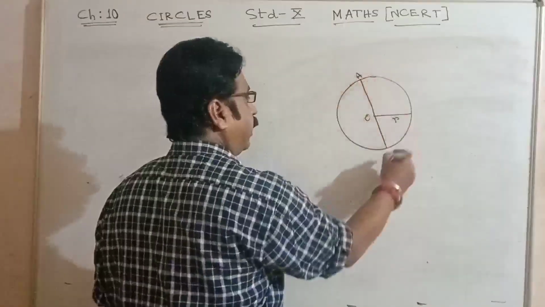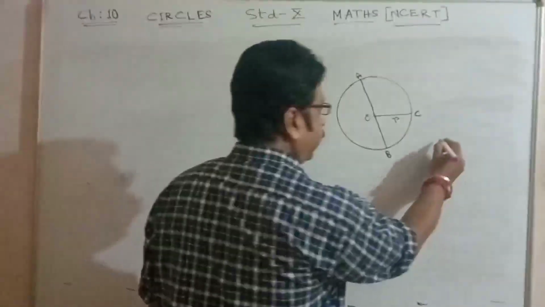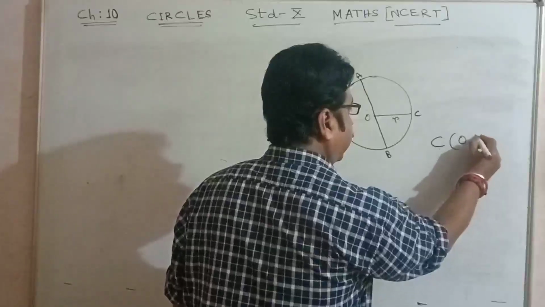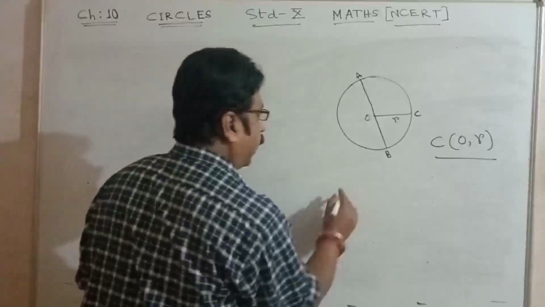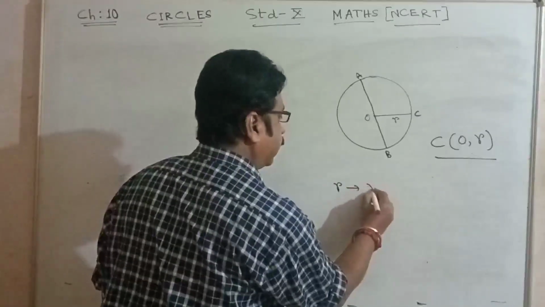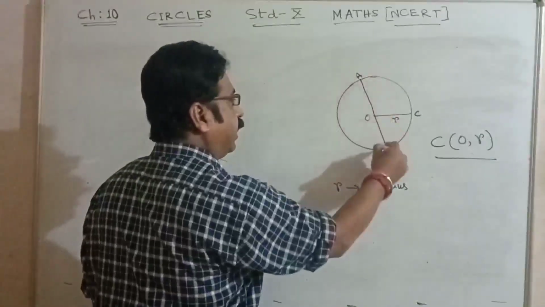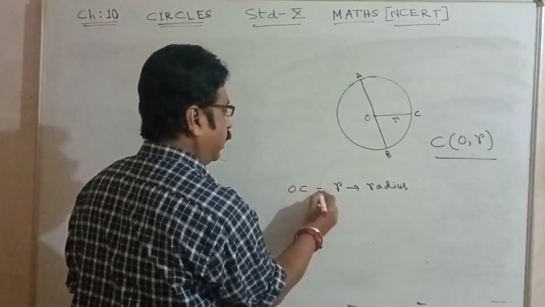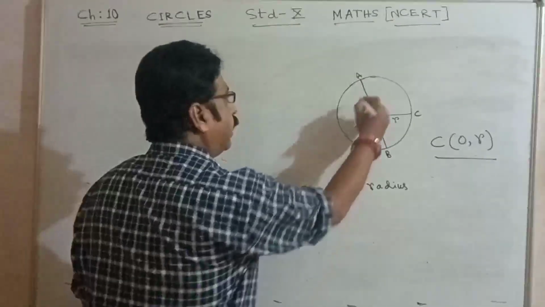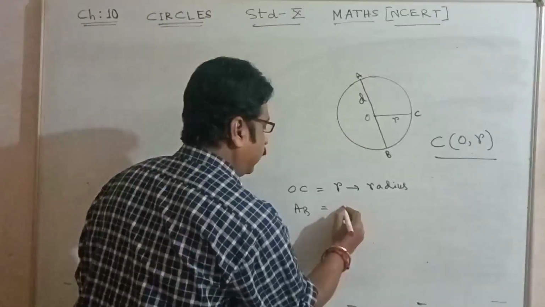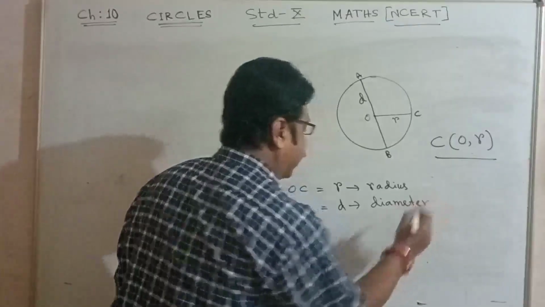Suppose A, B, C. We can name the circle like this way: C, whose center is O and radius is R. R is called as radius, and R is OC. And AB is the diameter of the circle.